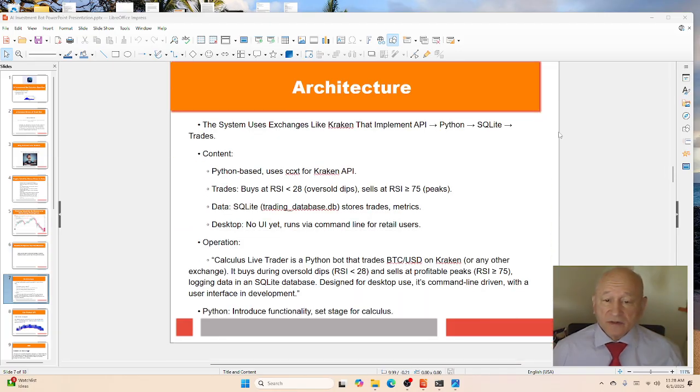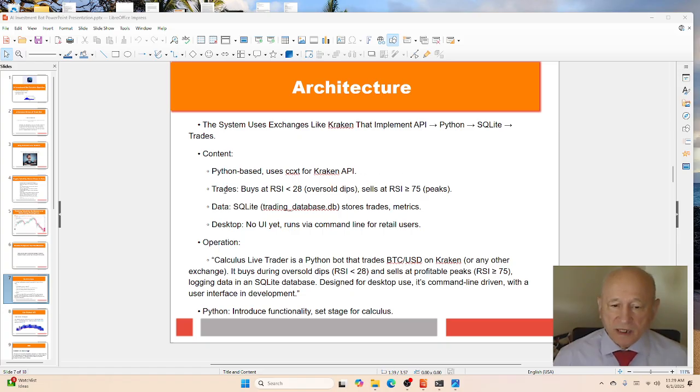The architecture of the bot, as you note, is a calculus-driven algorithm, and it uses exchanges like Kraken that implement API, Python, and SQLite trades. The Python-based system uses CCXT for the Kraken API to generate financial information, data metrics, and additional performance measures.